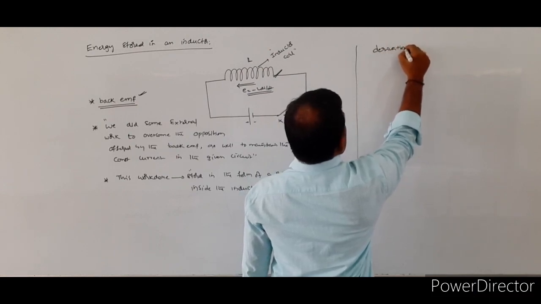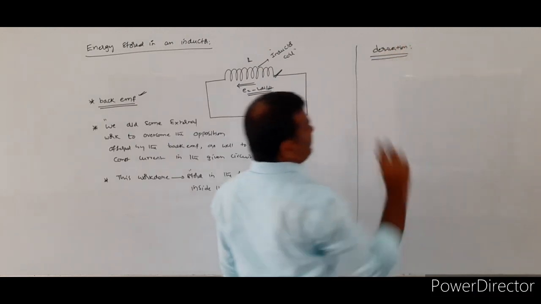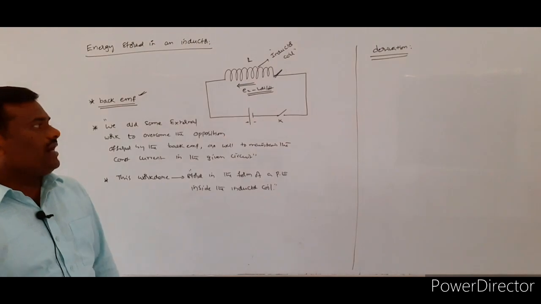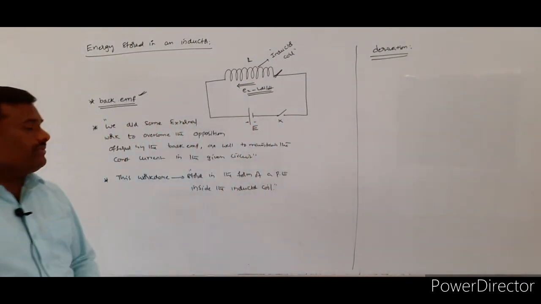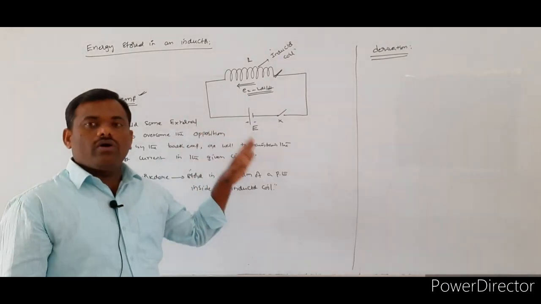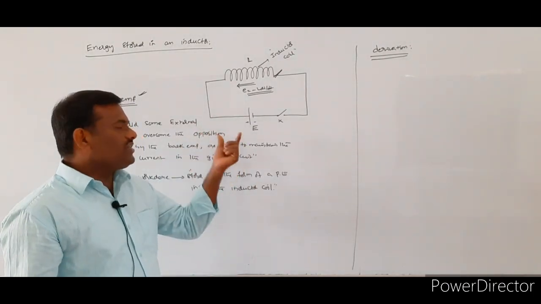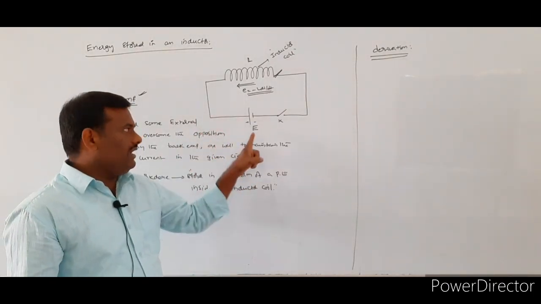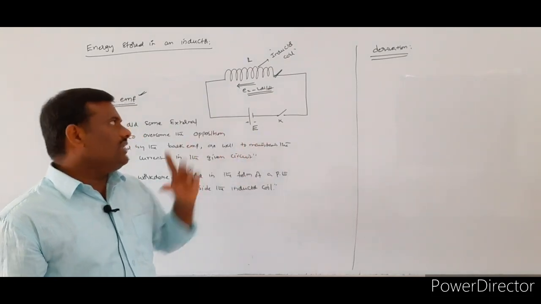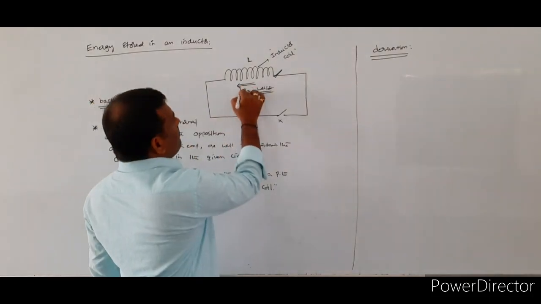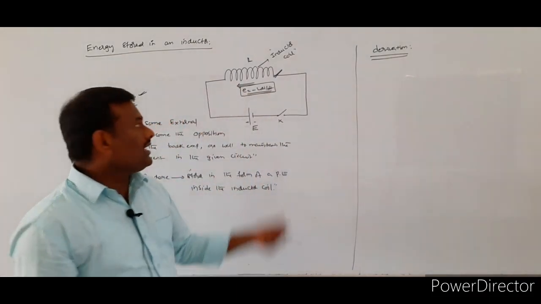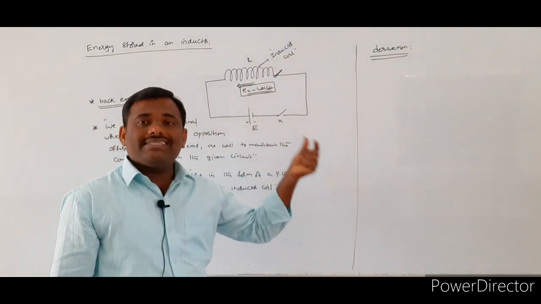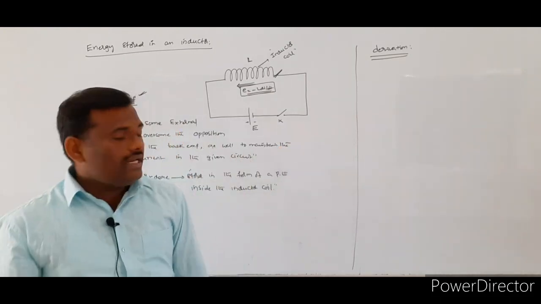So this is the derivation part. Here we consider a source of EMF, the battery, whose potential difference or EMF is given by capital E, and the back EMF produced across the inductor coil is equal to minus L into di by dt.